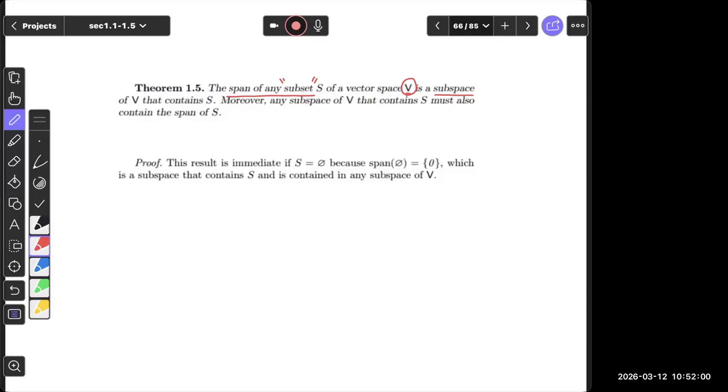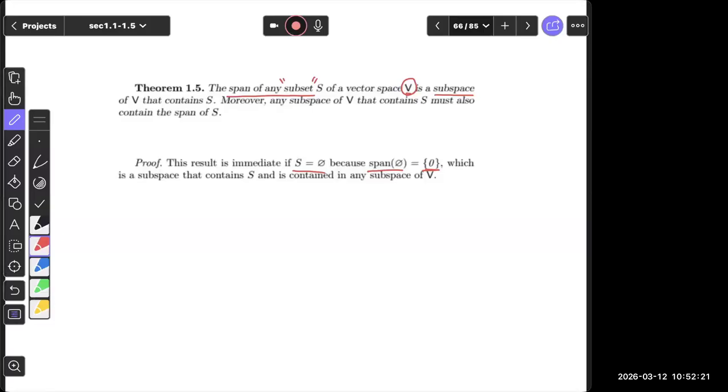If S is an empty set, then the proof is trivial, because we defined the span of an empty set to be the zero space. That is a subspace of V, and any vector space contains a zero.